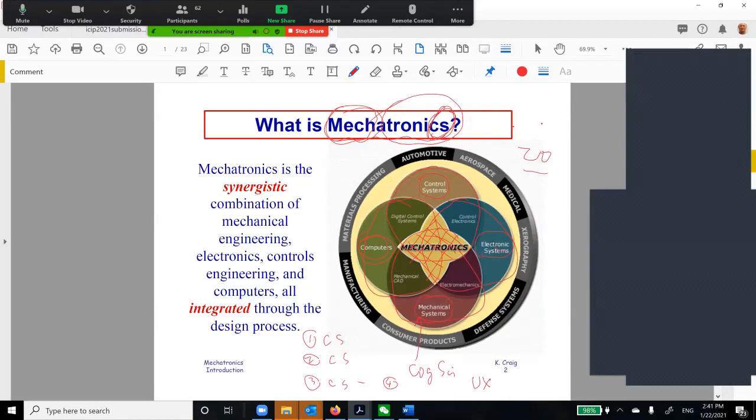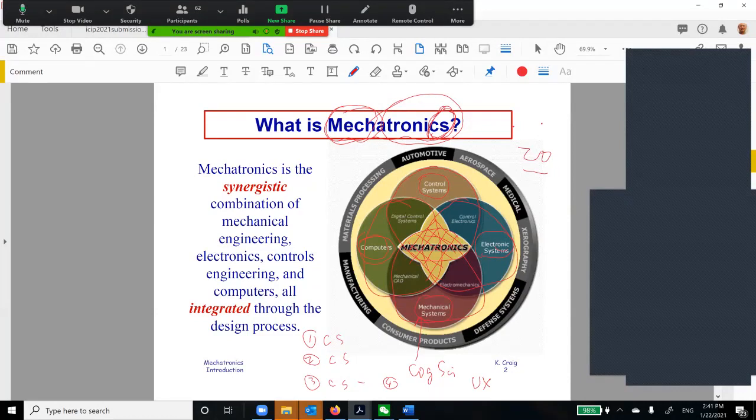We do have a dedicated faculty member in the ECS. He's doing computer user interface. So the science behind that is cogsci.